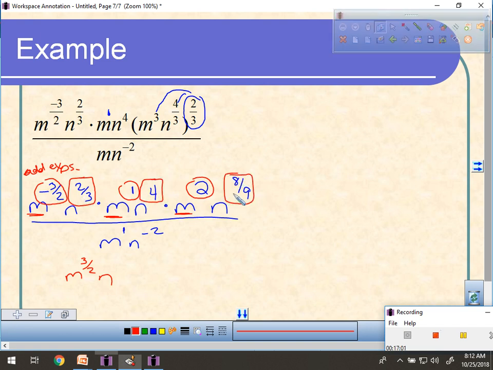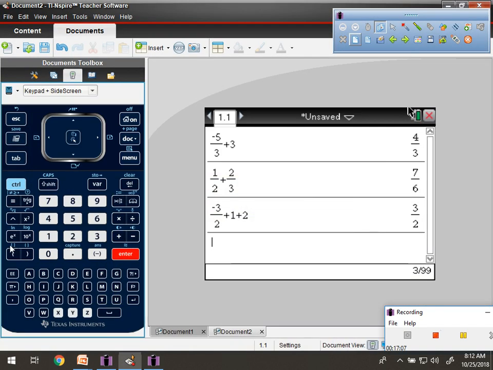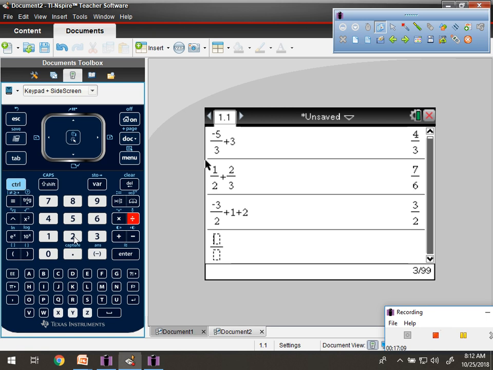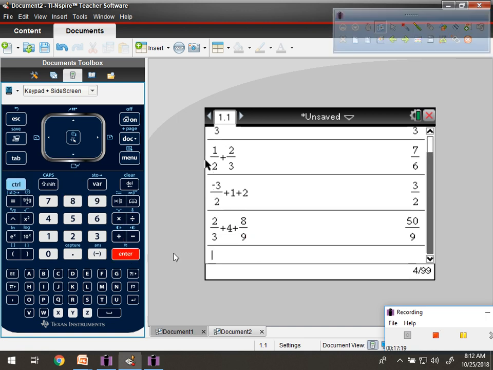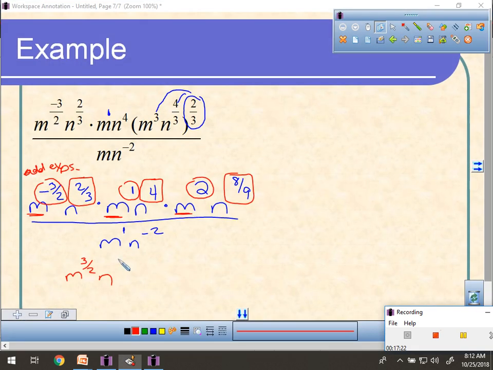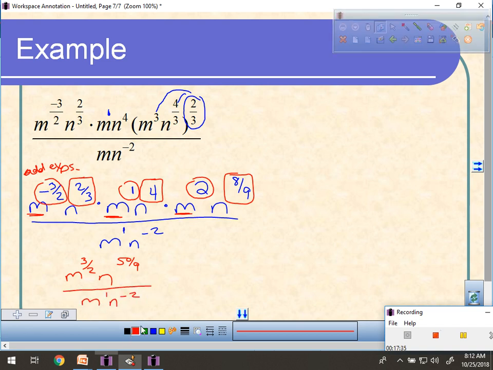So let me go to that. 2/3 plus 4 plus, and hit Control divide, 8/9, and that gives me 50/9. It's okay to get big numbers, that's fine, 50/9. So m to the 3/2, n to the 50/9, over m to the 1st, n to the negative 2.